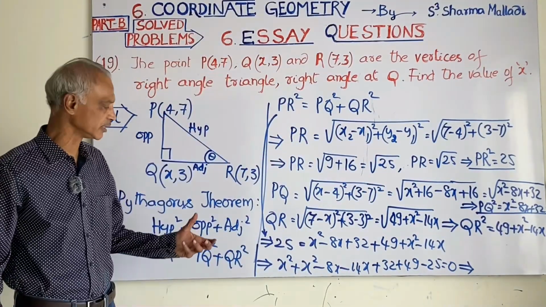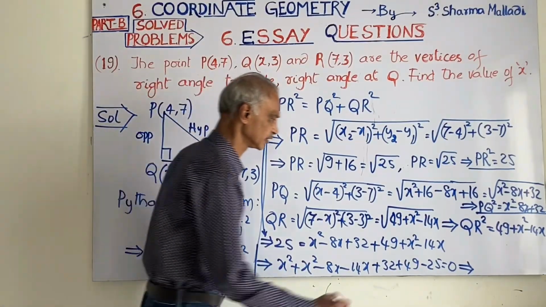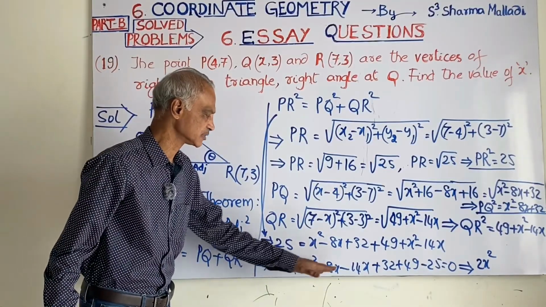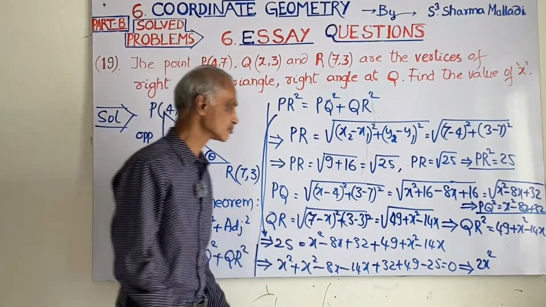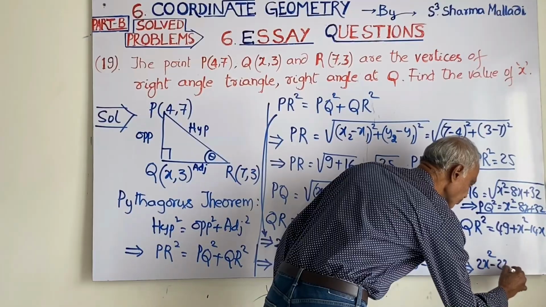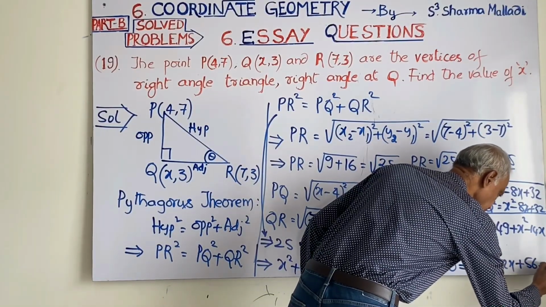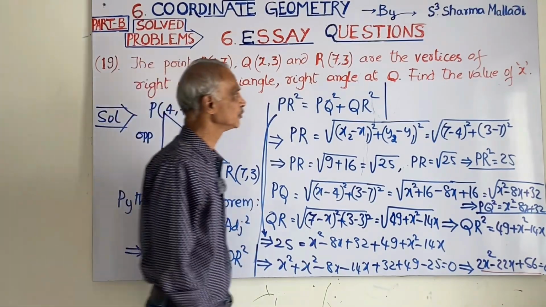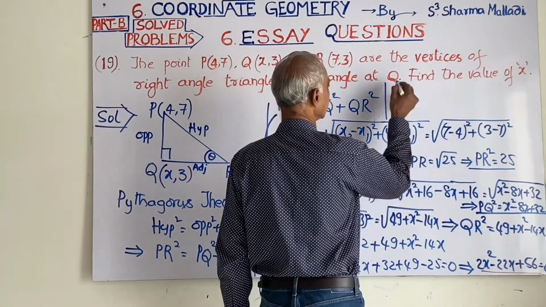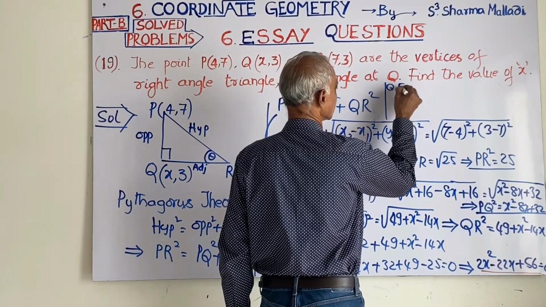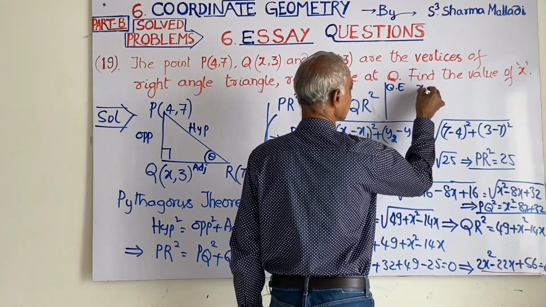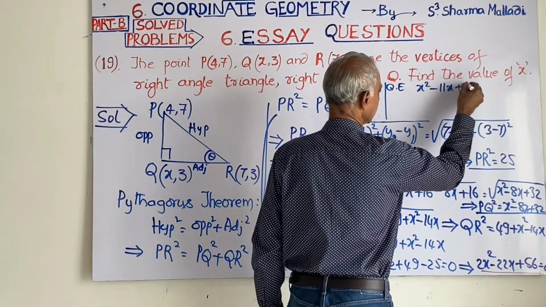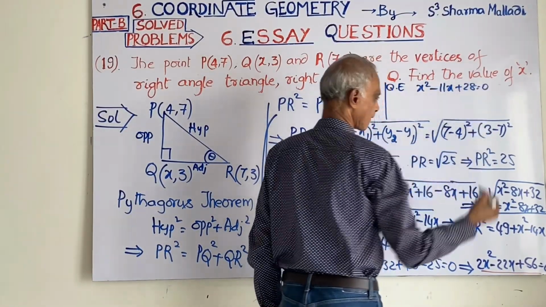Now you will get a quadratic equation. x square plus x square, 2x square, minus 8x minus 14x, minus 22x, plus 56 is equal to 0. You got a quadratic equation. You take 2 common, you will get x square minus 11x plus 28 is equal to 0.